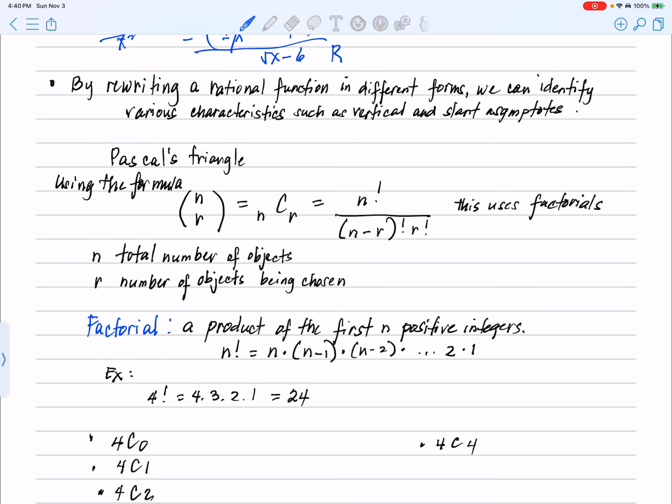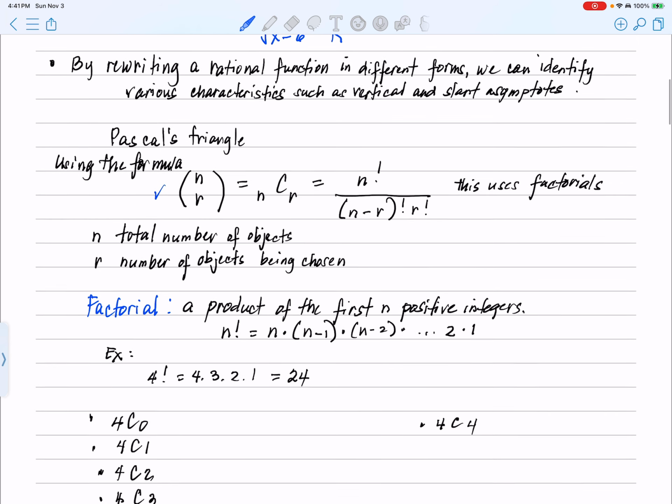Now let's go to Pascal's triangle. In geometry, we started learning about Pascal's triangle. We found combinations by using this formula: n choose r is equal to n factorial over (n minus r) factorial times r factorial.